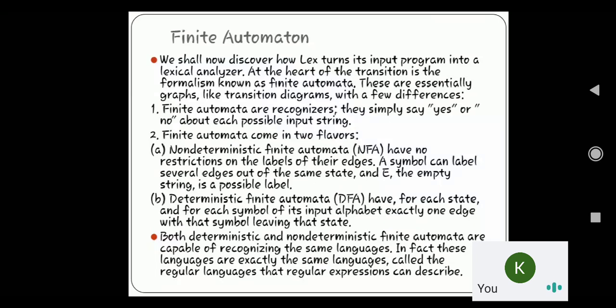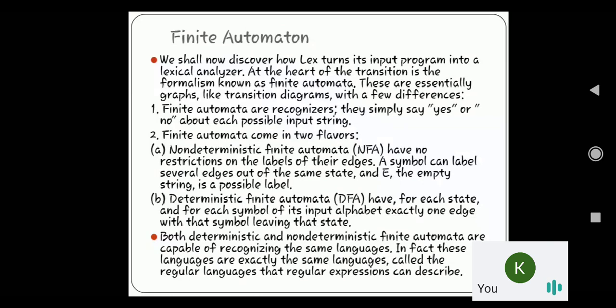Suppose this box is able to recognize if, it gives the result yes. If it isn't able to recognize if, it gives the result no. Similarly, next it tries to recognize else. If the box is able to recognize the word else, it gives the answer yes.